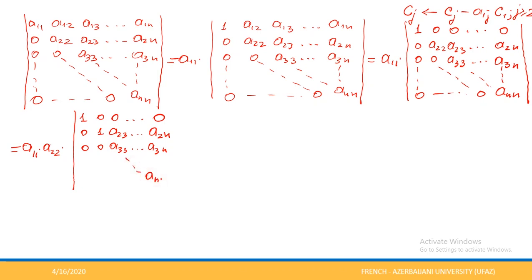This is ann, 0, 0. Okay, this determinant.